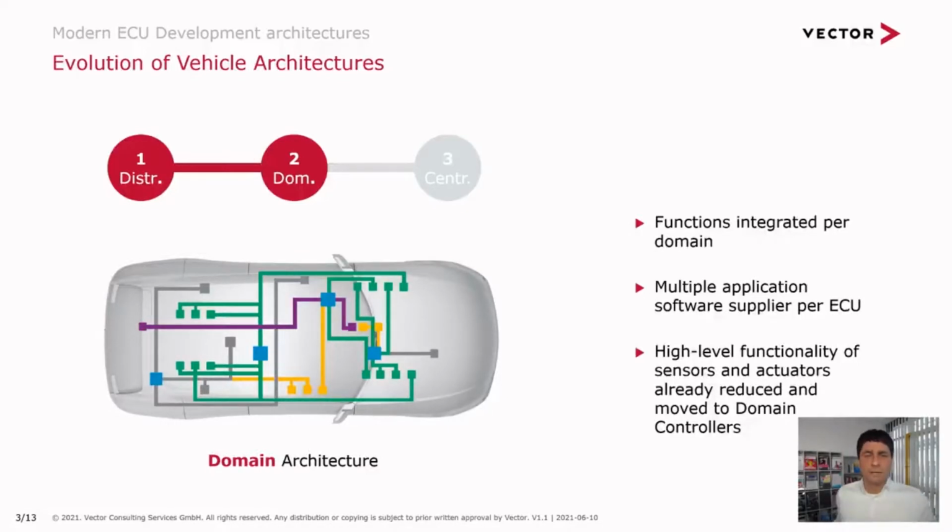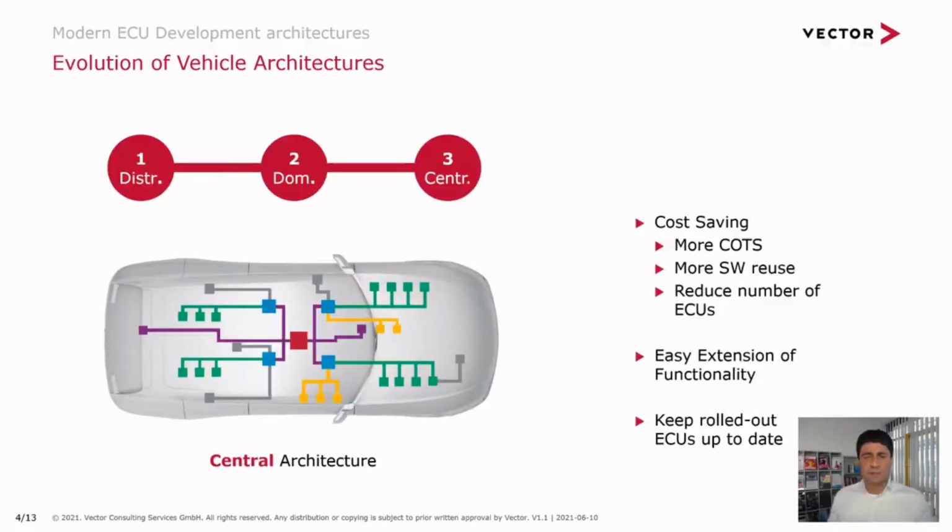That's why the next step in this architecture evolution is the centralized architecture. The main idea here is that we combine the complete software in the vehicle and put it into one, maybe two, high-computational ECUs. Those make use of smart sensors, which are again distributed within the car.